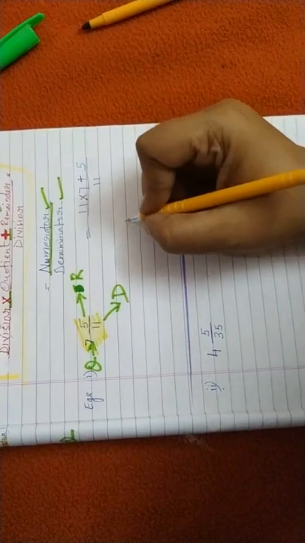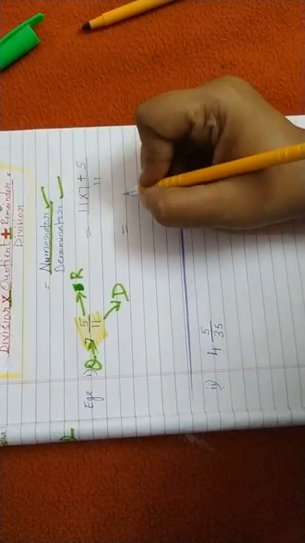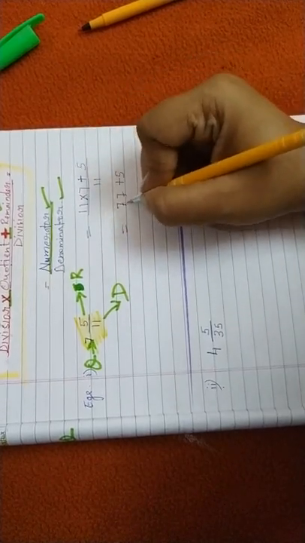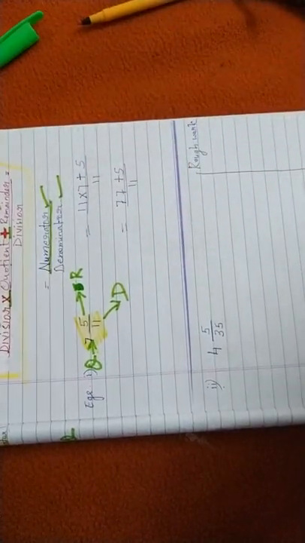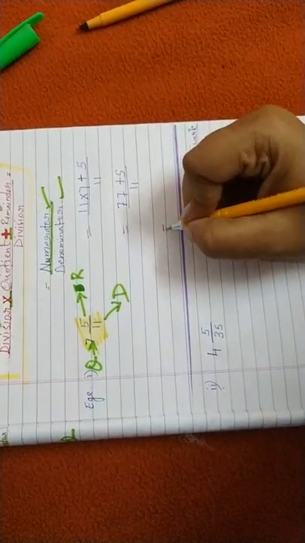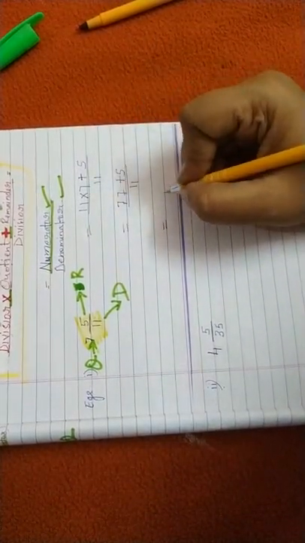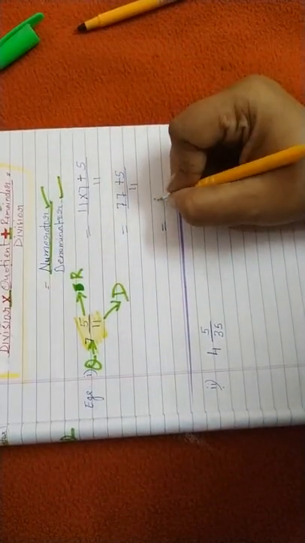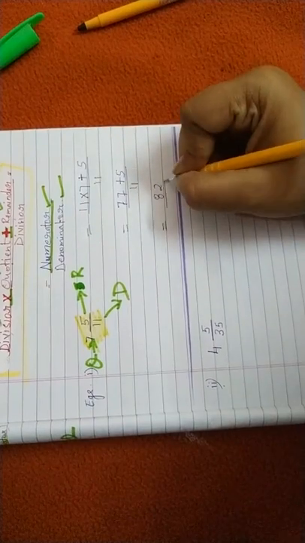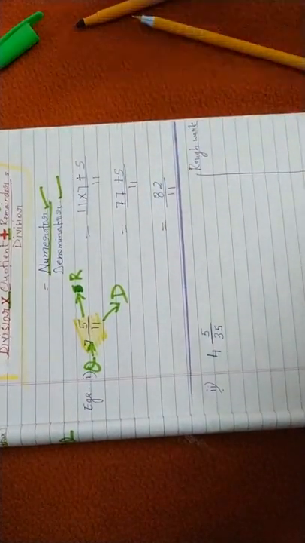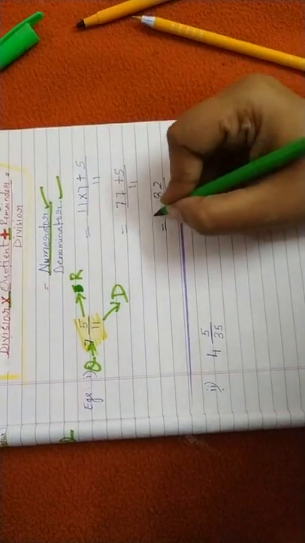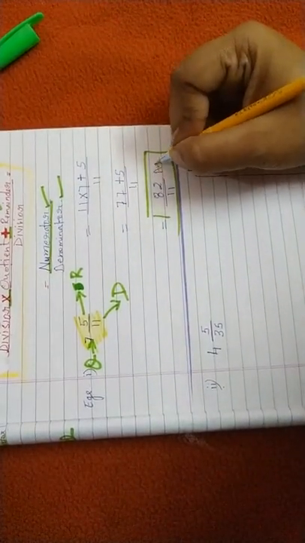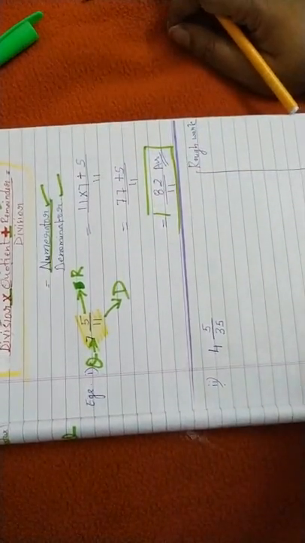Okay children, now solve it. 11 times 7 is 77, plus 5, 82. Yes, 82 upon 11 is your improper fraction. So this is your answer. Clear?